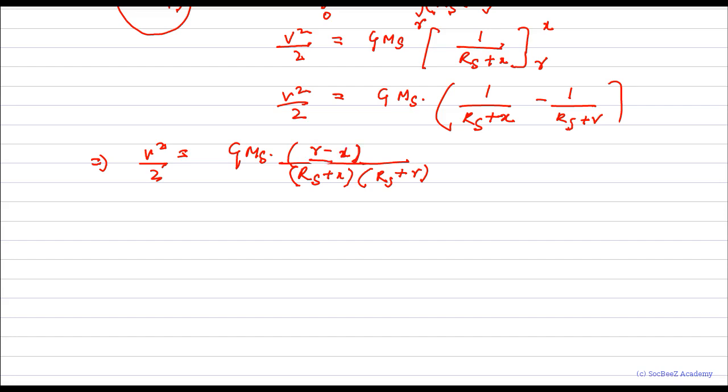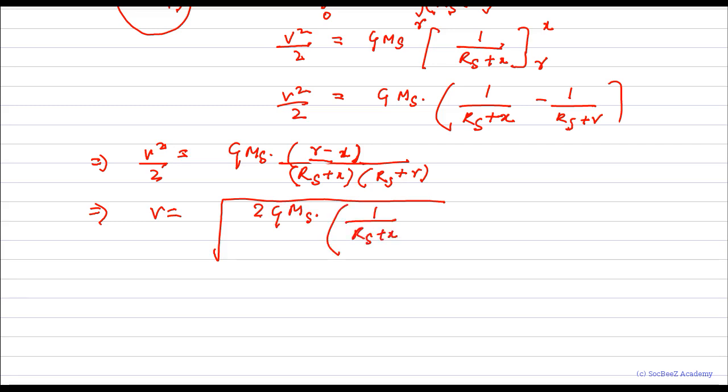So v can be written as root over 2G Ms into 1 by (Rs plus x) minus 1 by (Rs plus r). Now v can be written as minus dx by dt. In this case x is decreasing as v is increasing, so v can be written as minus dx by dt.